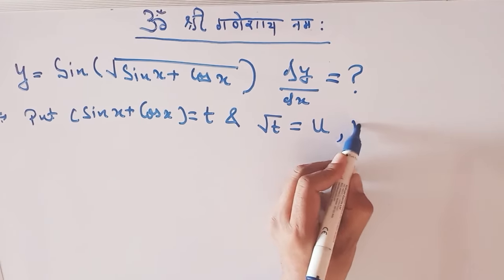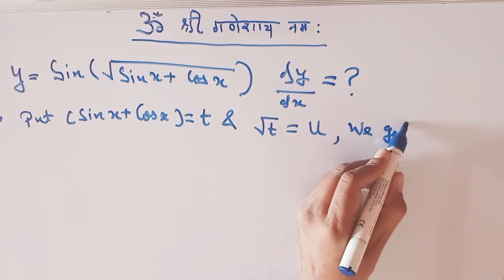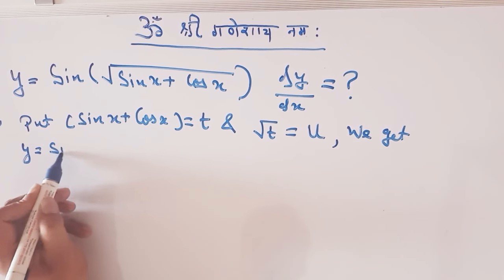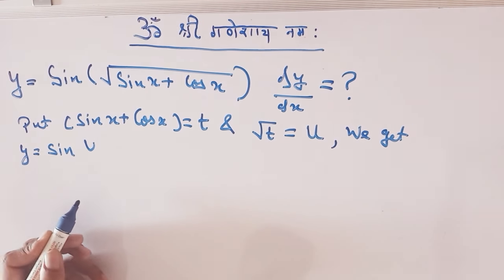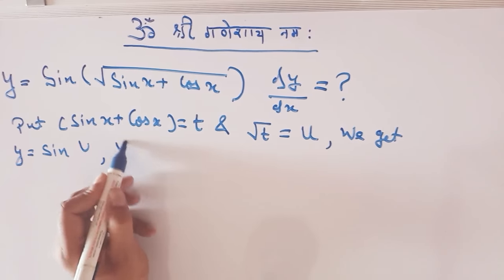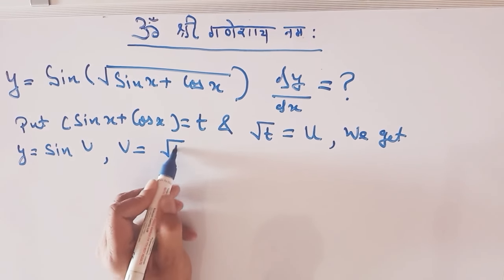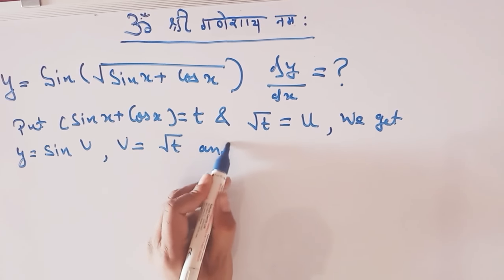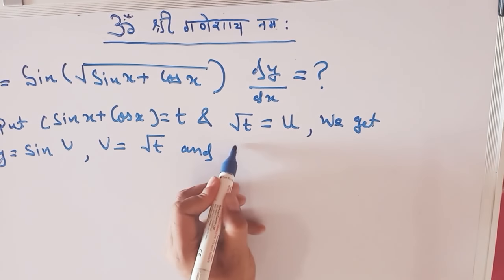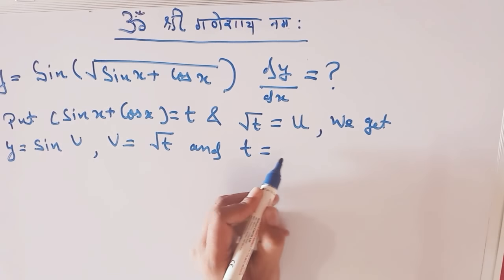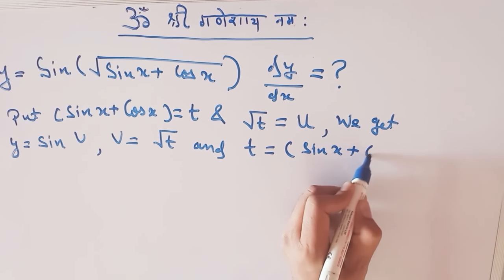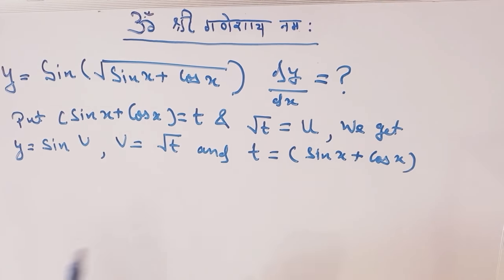Now what we get: y is equal to sine u, u is equal to root of t, as we showed above, and t is equal to sine x plus cos x.